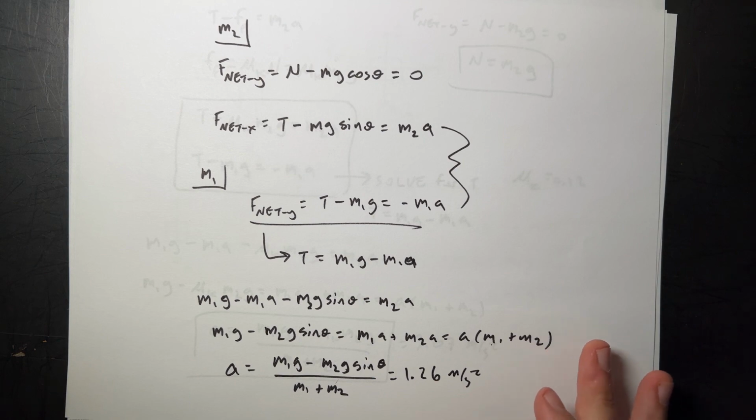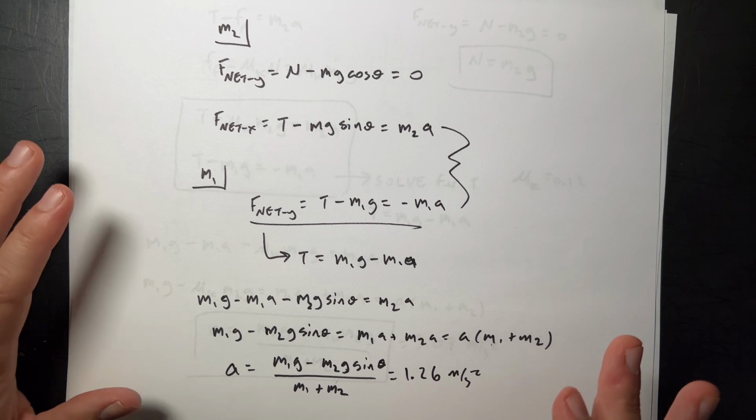And that's the acceleration up the incline and the acceleration down for the other one, which is less than the other cases.